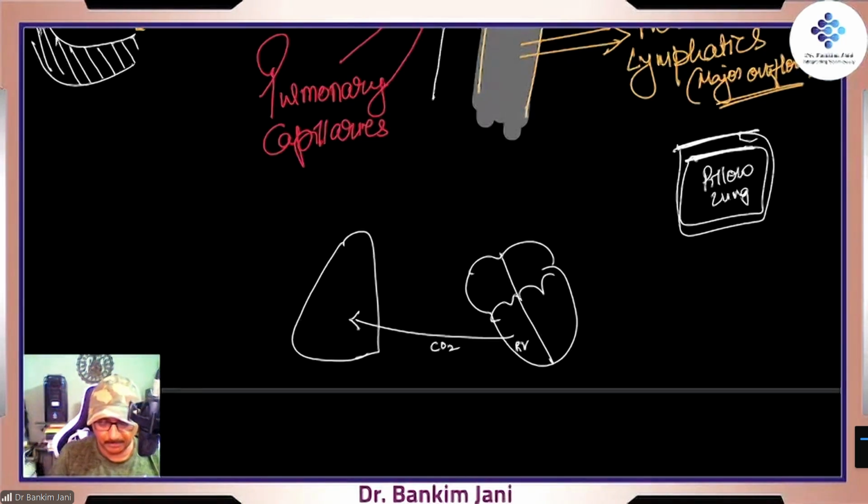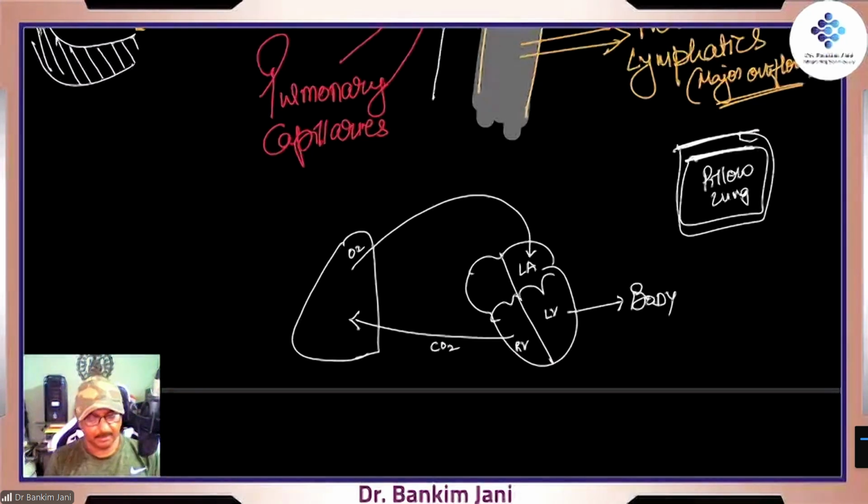It is oxygenated and put into the left atrium. And from the left ventricle, it goes via the aorta to the entire body. If I want to increase the pressure over here, what should I do? Don't let the blood go over here. So how can the pressure be increased?